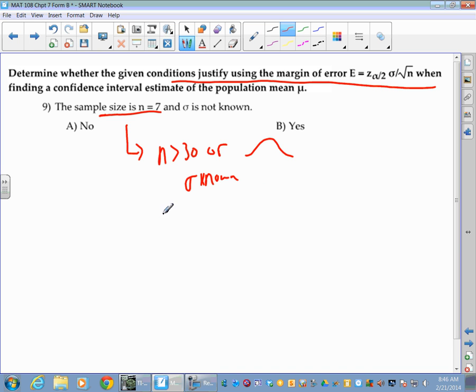No, it is not. If the standard deviation is not known, that would be a t-distribution, if you had a normal distribution or n greater than or equal to 30. I think this strikes out on all counts. Okay?